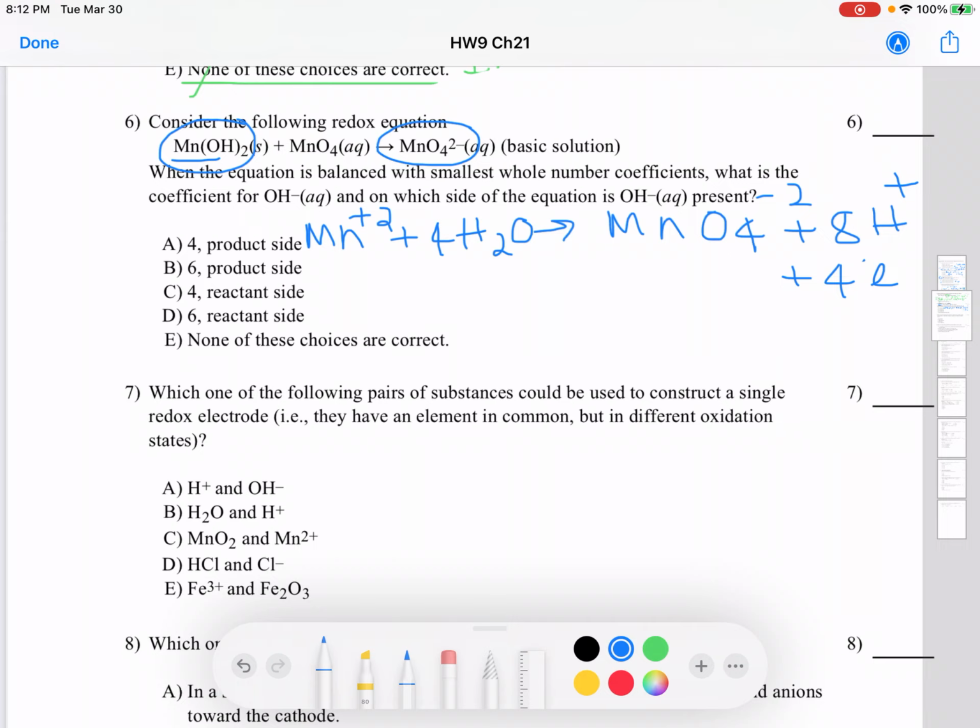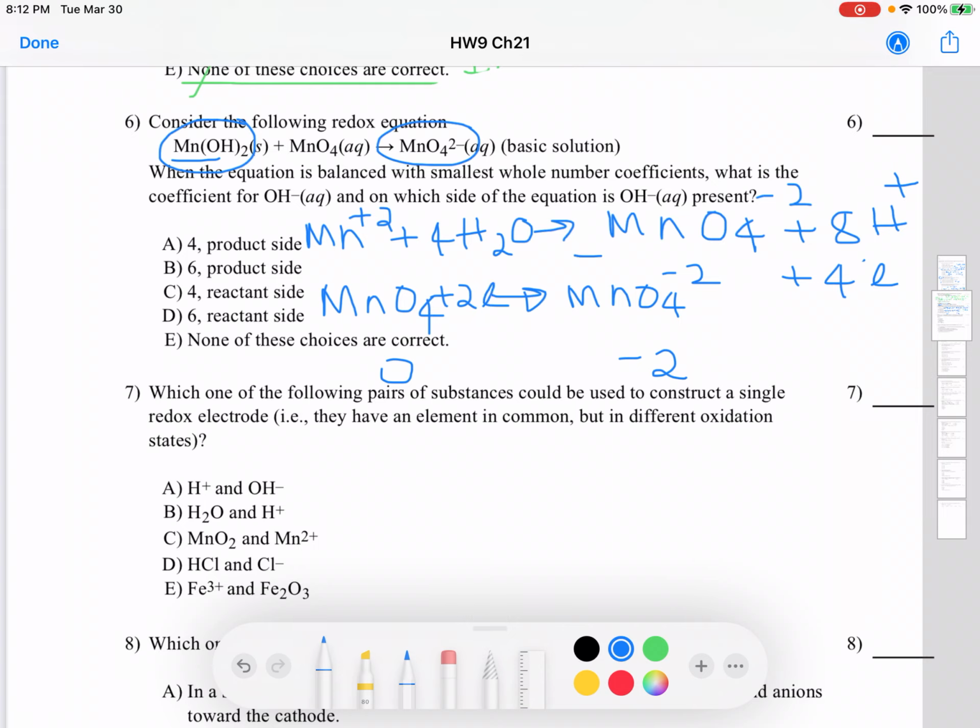That is the oxidation. And then you have MnO4 again goes to MnO4 minus 2. In this case, same number of manganese, same number of oxygen. But the charges are different, going from 0 to minus 2. Number decreases, reduction, by gaining 2 electrons.